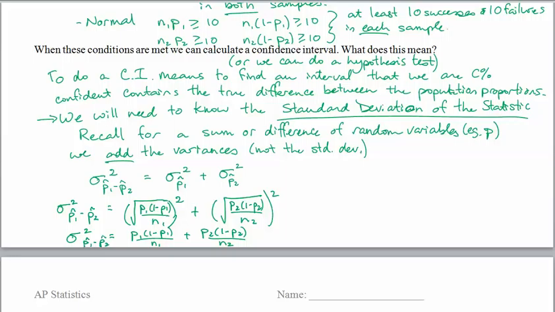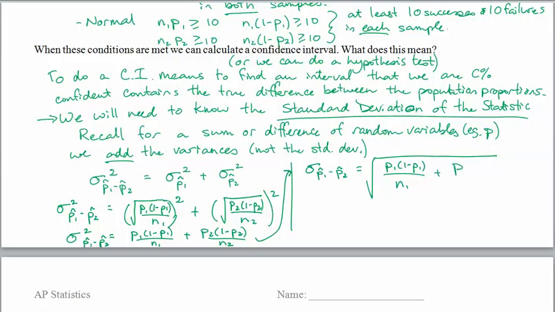From there, if I want to know the standard deviation of the difference in proportions, I would take the square root. So the square root of P1 times 1 minus P1 over n1 plus P2 times 1 minus P2 over n2.